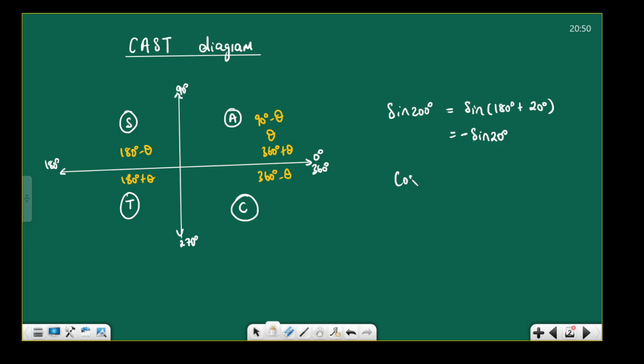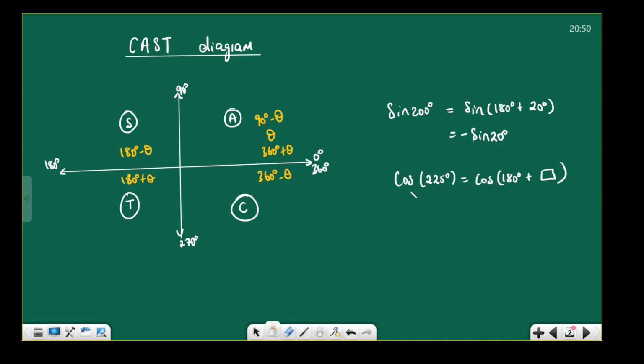Now let's say we have cos 225 degrees. If we find ourselves having cos 225, you need to locate the 225. Well, 225 is bigger than 180, but is smaller than 270, so it's still the third quadrant. So you'd write that cos as 180 degrees plus a certain angle.